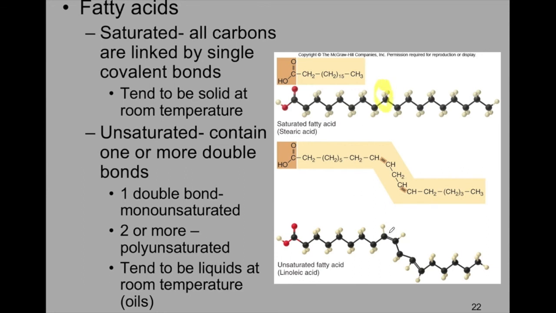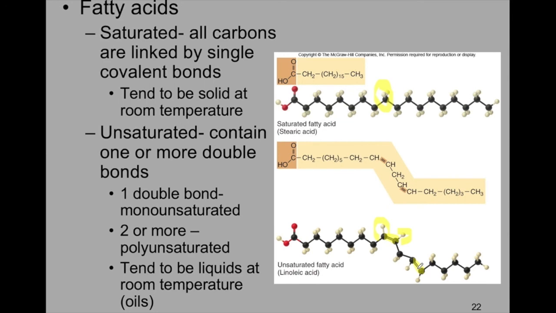Here, these two carbons are not. They only have one hydrogen bound up here, and carbon wants 4 bonds. So we get a double bond here between carbons. Same thing going on here. And we start to get double bonds between these carbons. It causes that fatty acyl tail, or that hydrocarbon tail, to bend or kink.